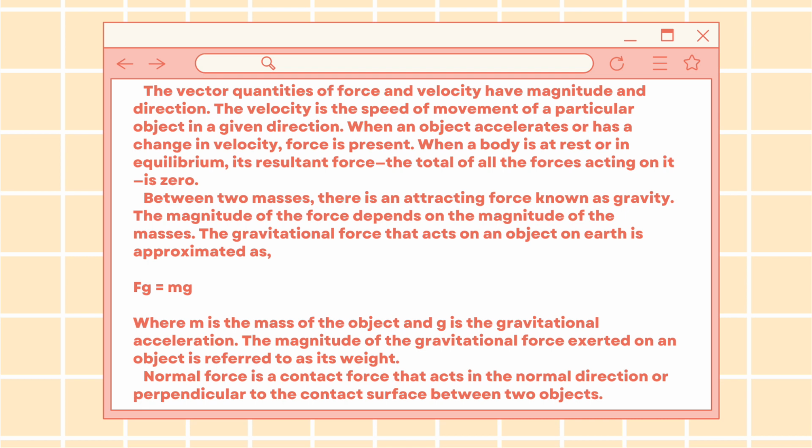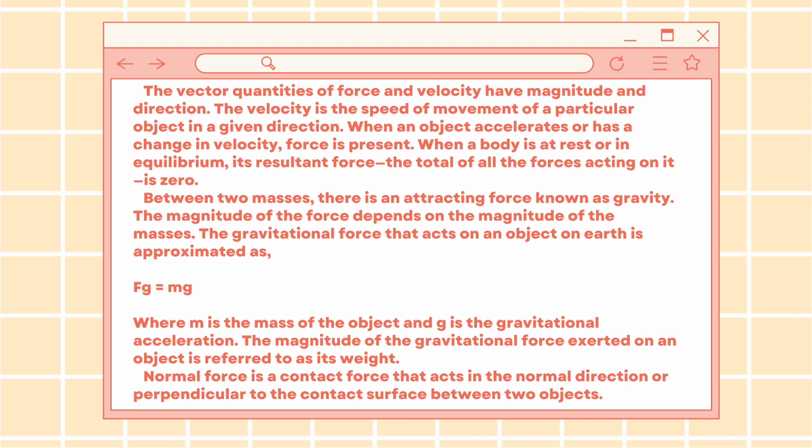When a body is at rest or in equilibrium, its resultant force, the total of all the forces acting on it, is zero. Between two masses, there is an attracting force known as gravity. The magnitude of the force depends on the magnitude of the masses.